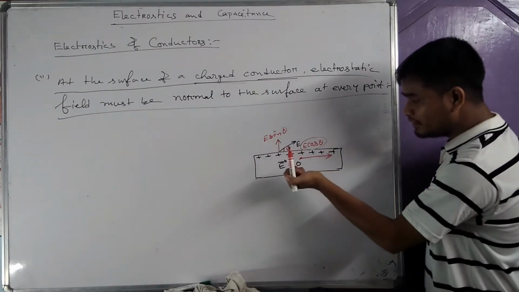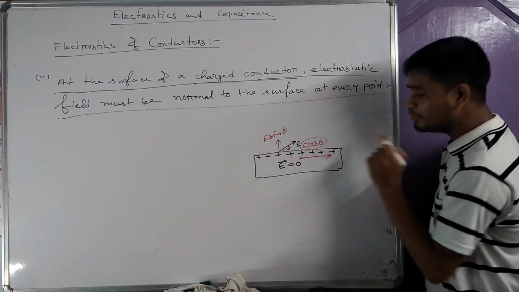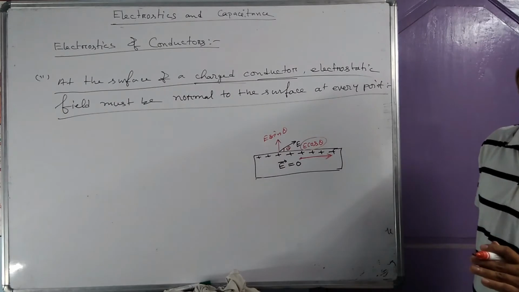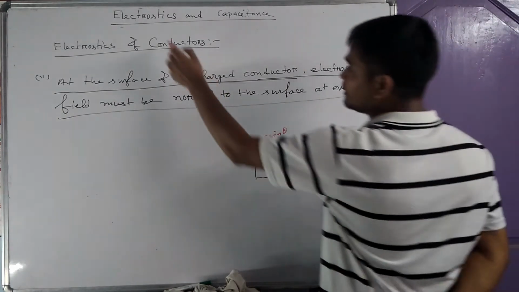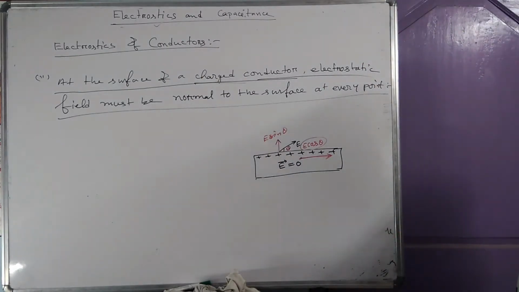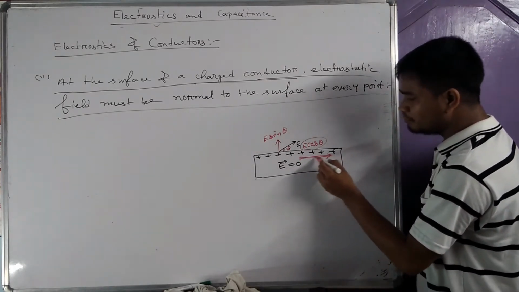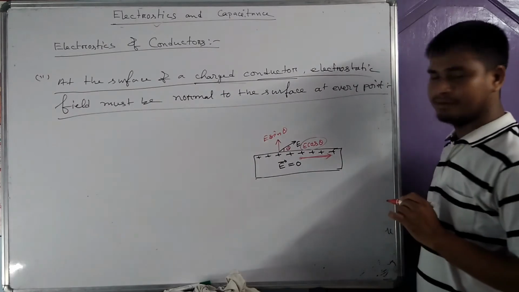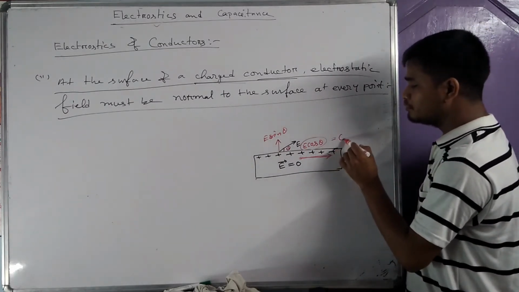This electric field can affect these charges and move them from one point to another point. That is not possible because we are studying electrostatics. Clear? Charge should be at rest. Since these charges should not be moved from one point to another point, E cos theta should be equal to 0.